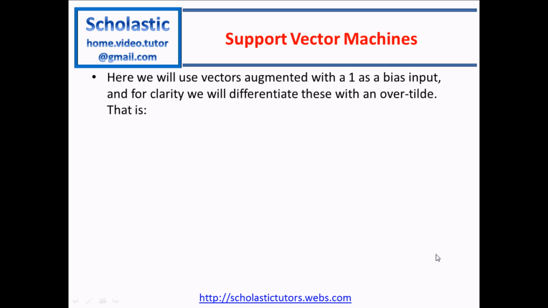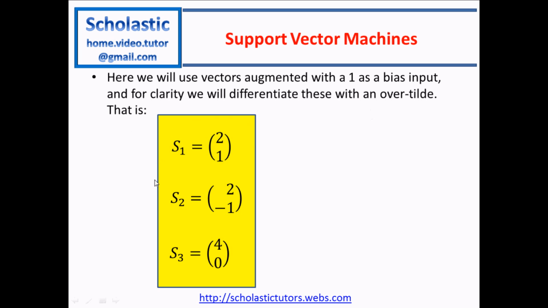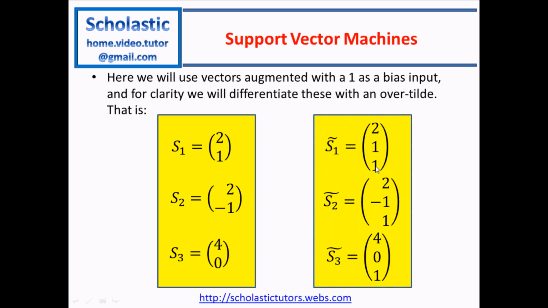Here we are doing a simple modification. We are going to augment the vectors by adding an extra 1 as a bias input, and for clarity we differentiate this with a tilde. These are our normal support vectors that we saw just now, and we add an extra number: 2, 1 becomes 2, 1, 1.